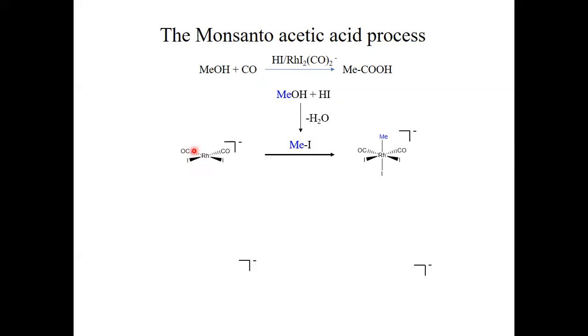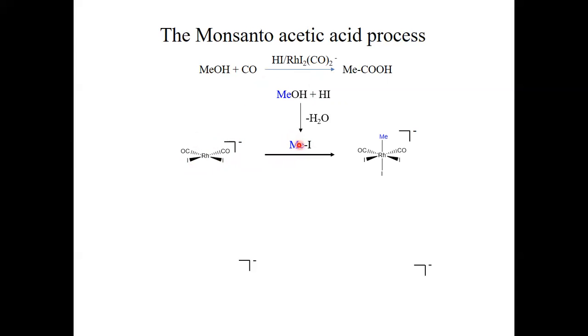This is a square planar catalyst with two carbonyls here, and these two iodo groups here. Overall, this is negatively charged because it's square planar. It should be a 16 valence electron species. We can count our electrons in order to verify this.